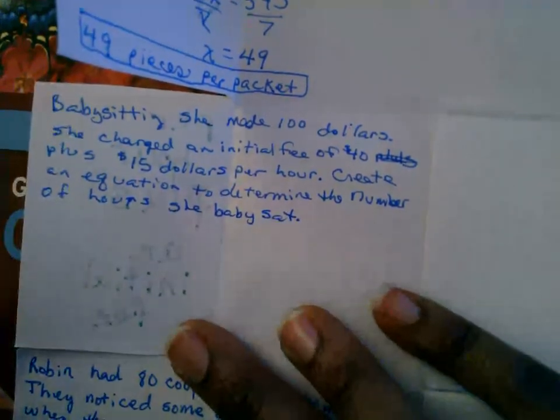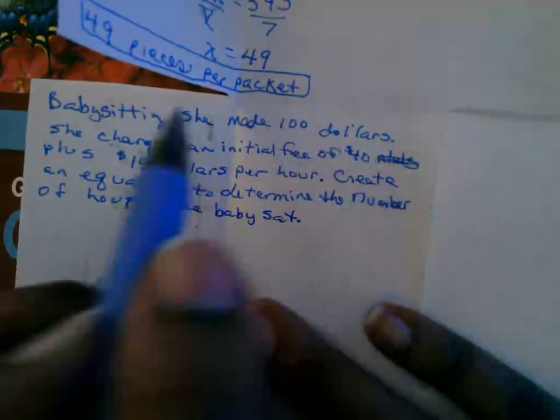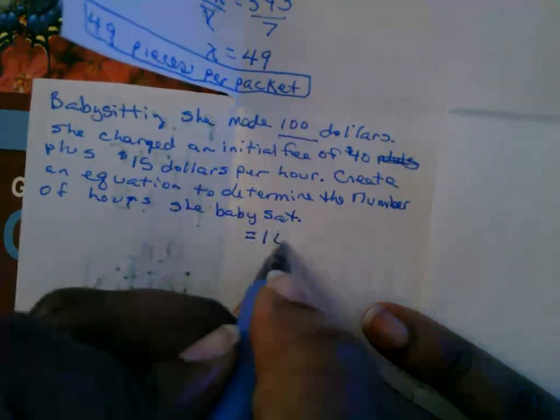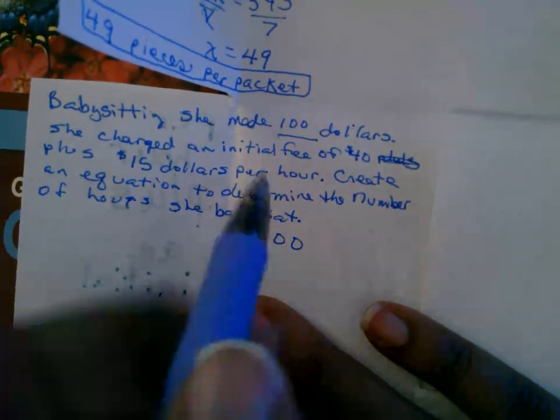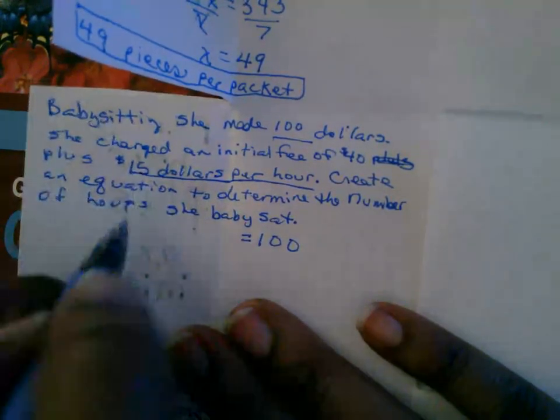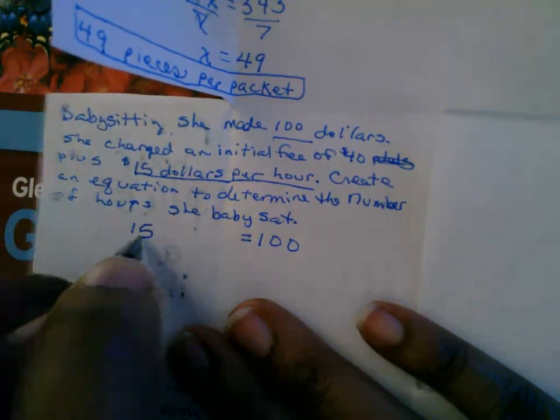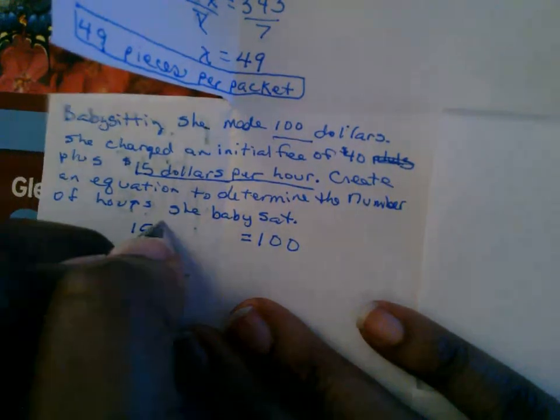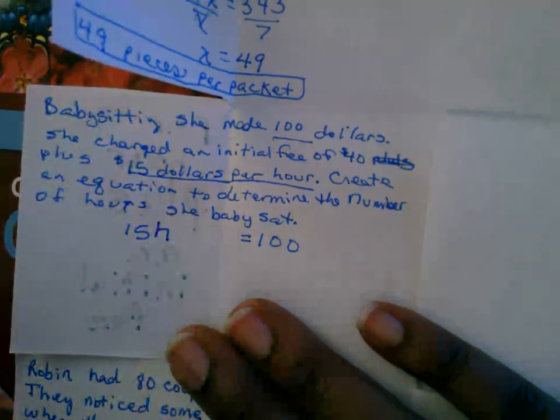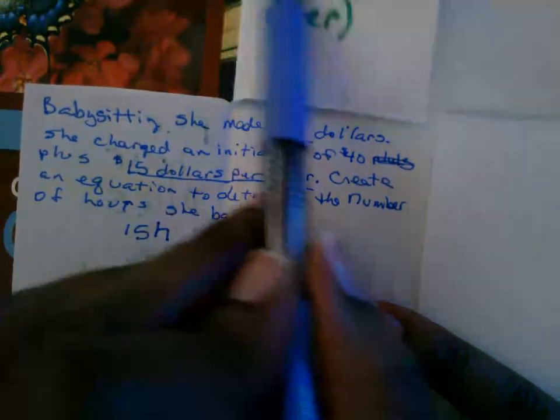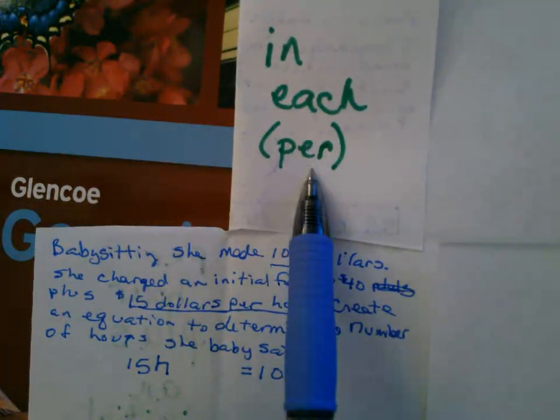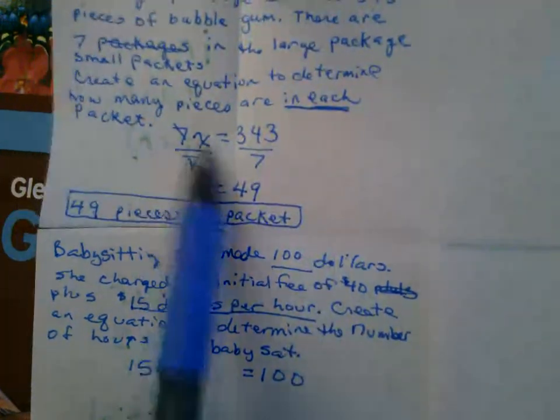So now my equation is going to be equal to $100. This is a rate, and it was $15. Per means multiply, so per hour. Because we did one with per and each yesterday, where we ended up multiplying.